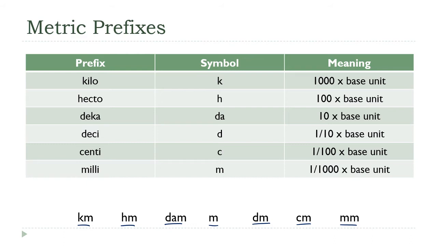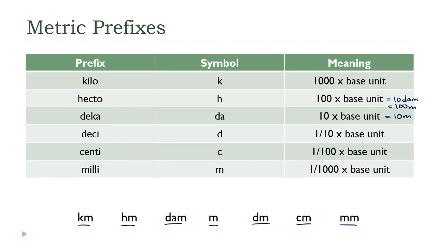I've got the symbols for each abbreviation here in the middle column, and what each one means in the right-hand column. Notice how each measurement is 10 times more or less than the previous one. For example, 1 decameter is 10 meters. 1 hectometer is 10 decameters, or 100 meters, etc.